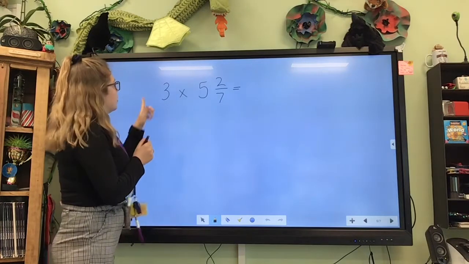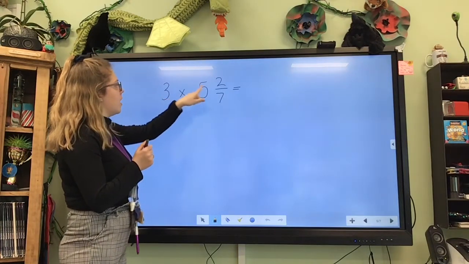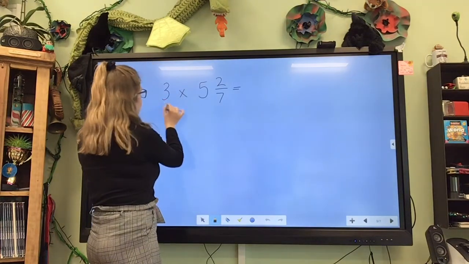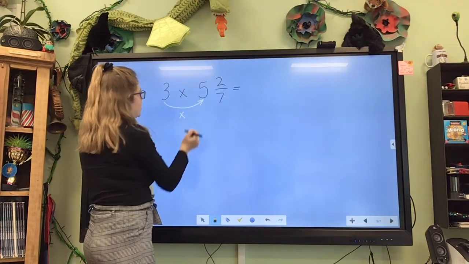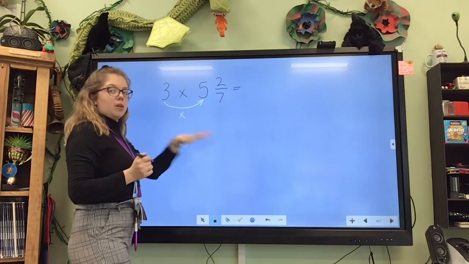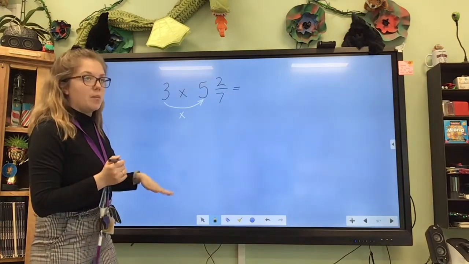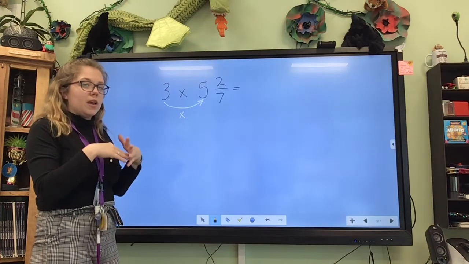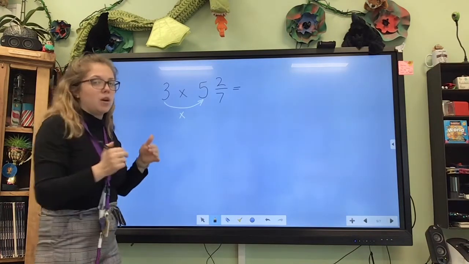And we've got 3 multiplied by 5 and 2/7. So first I'm going to do my 3 multiplied by the 5. I've done my jottings where I've broken down each step. Now I'm going to try and put them together just to reduce my working out, or show that I'm doing a lot of mental work in my head.